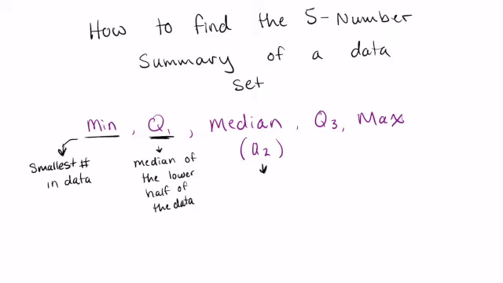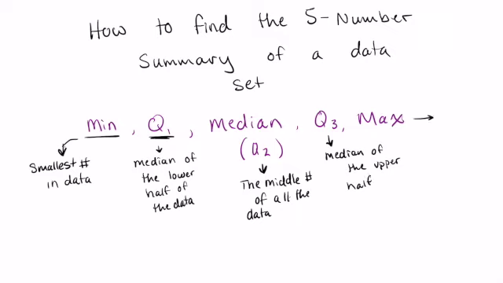The median, or Q2, is the middle number of all the data. Q3 is the median of the upper half.